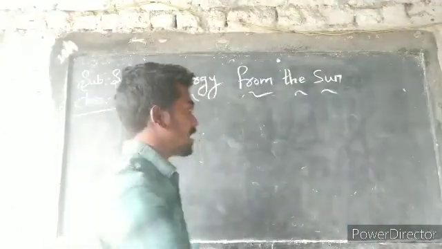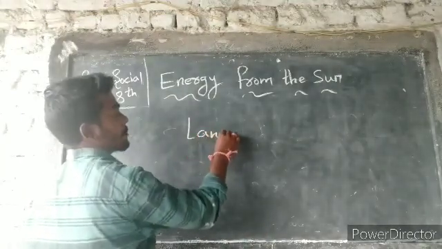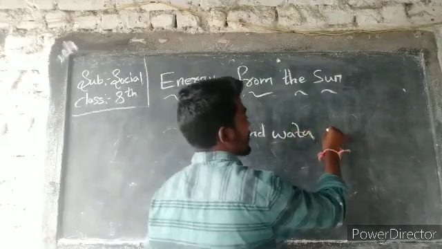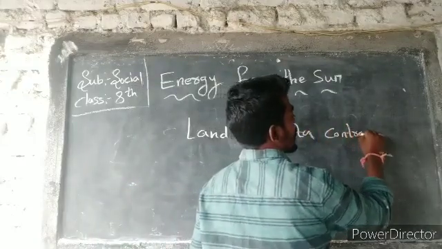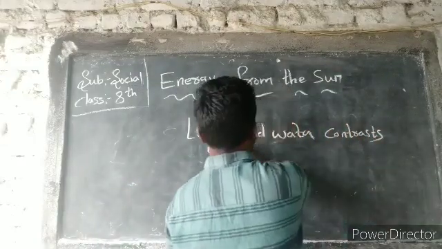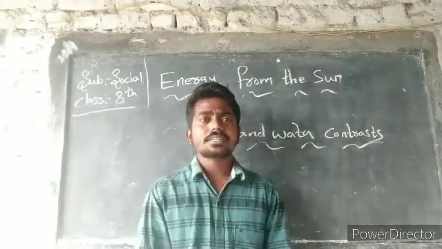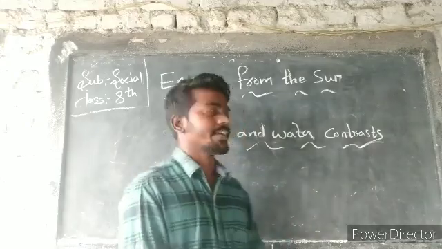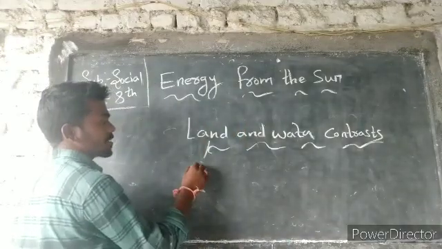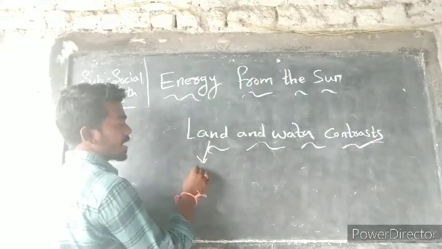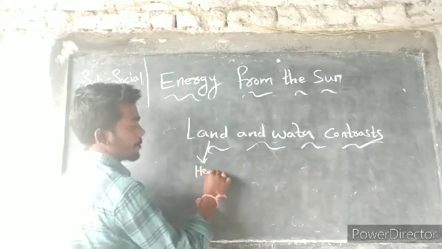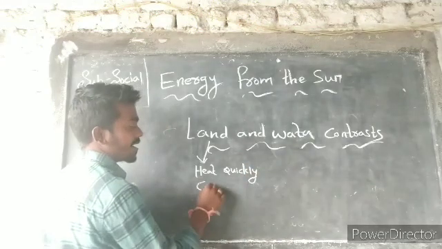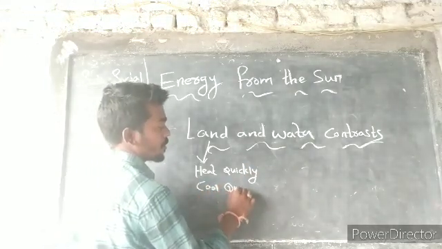To the next, land and water contrasts. The land part and the water part, there will be a great difference in the temperature. If you take the land part, the land will heat quickly and also it will cool quickly.